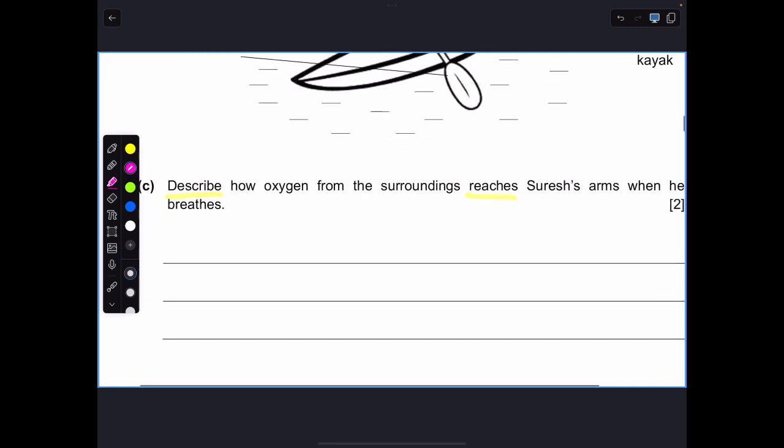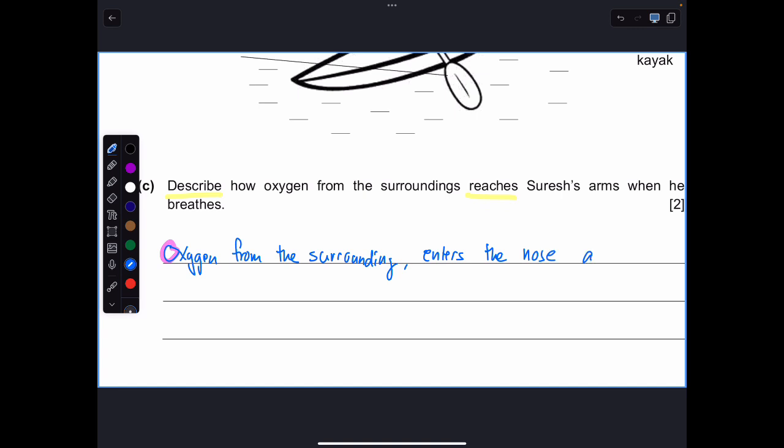So the first part will be: oxygen from the surrounding air enters the nose and passes through the windpipe into the lungs.